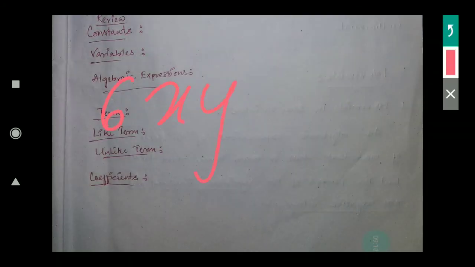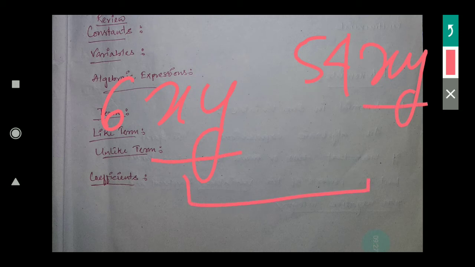Like terms are the terms which have the same literal factors. The terms which have the same literal factors are called like terms. Literal factor means, if 6xy is given, here the literal factors are x and y. And suppose 54xy is given. See, here the literal factors are xy, here also xy.